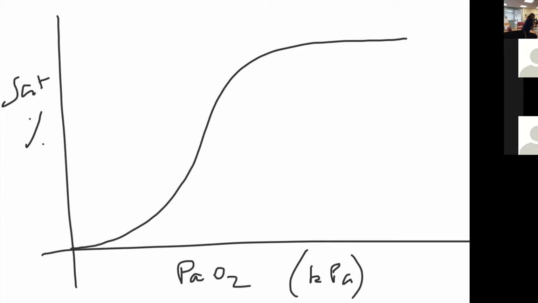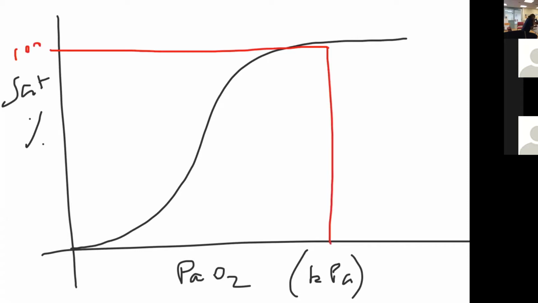Could you mark on there the arterial, venous and P50 values for me, please? So the typical arterial oxygen saturation will be approximately 100%, and that will usually correspond to a PaO2 of 13.3 kilopascals.